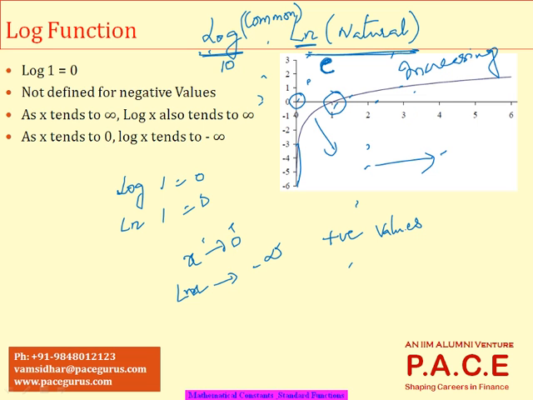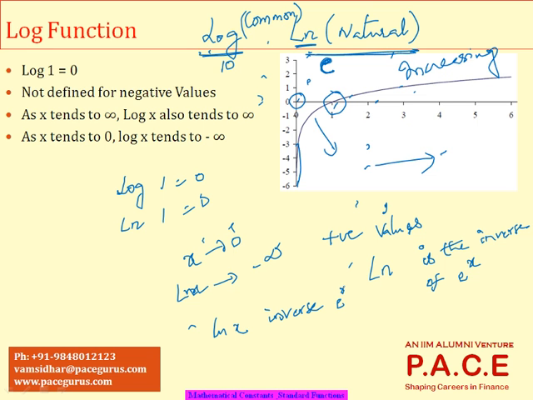And you will understand slightly at a later point in time, the logarithm function ln is the inverse of e to the power of x. Log x function is the inverse of e to the power of x.